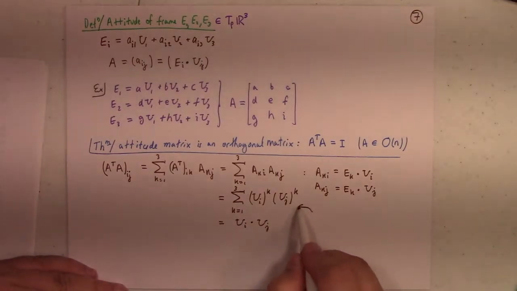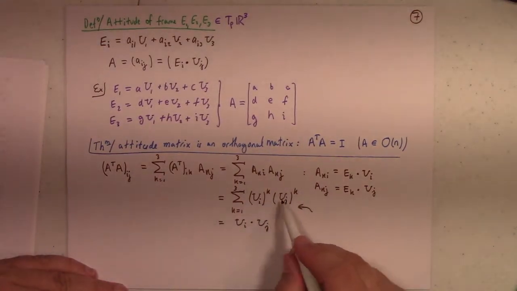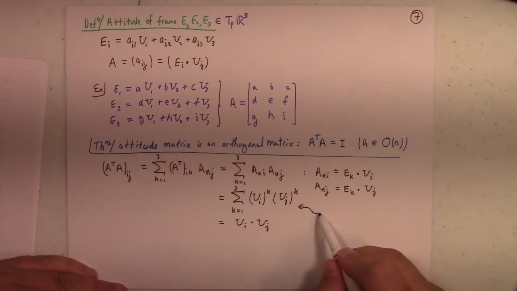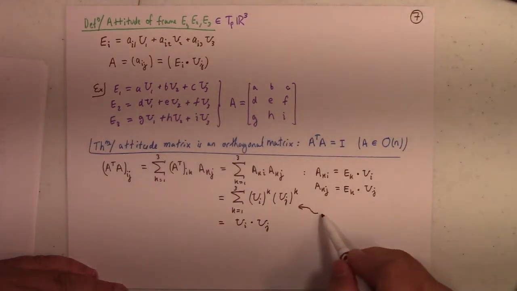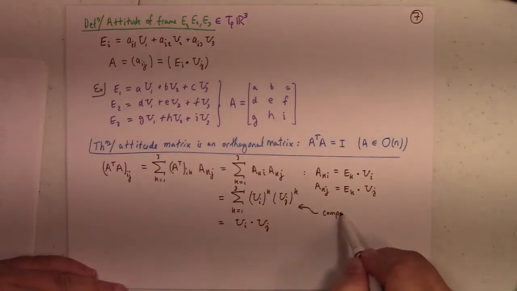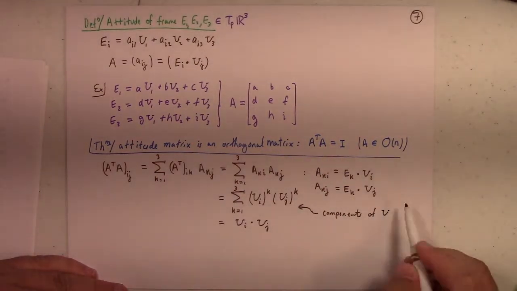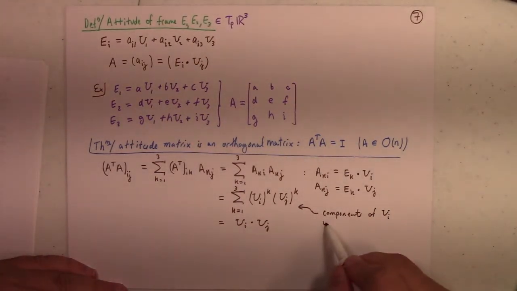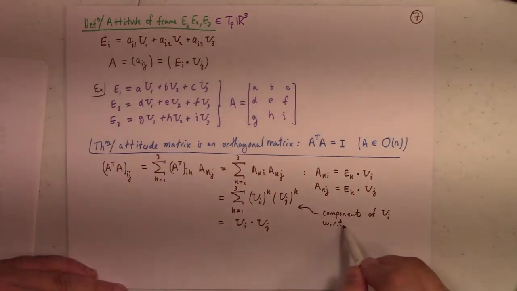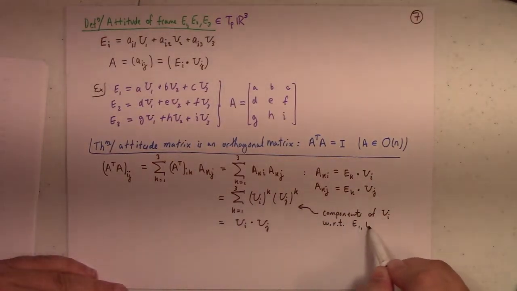Again, I didn't want to make that a standard notation, but just understand that we're talking about the components of the standard Cartesian frame with respect to the E1, E2, E3 frame.